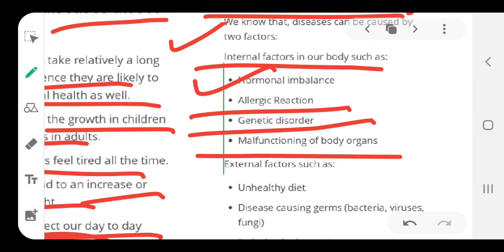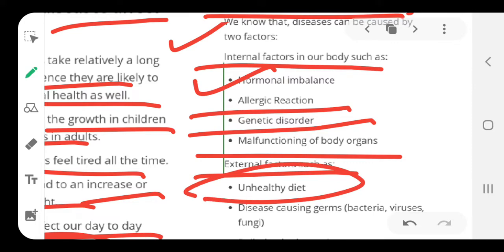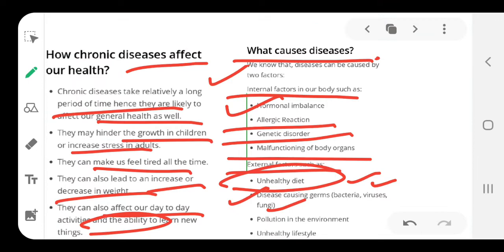So, these are all internal factors, while external factors depend upon two main things. One is your diet, which should be healthy and balanced. If it is not, we have the effects. And then of course, the pathogenic germs and microbes that attack the body: bacteria, virus or fungi, depending upon which infection we are getting.